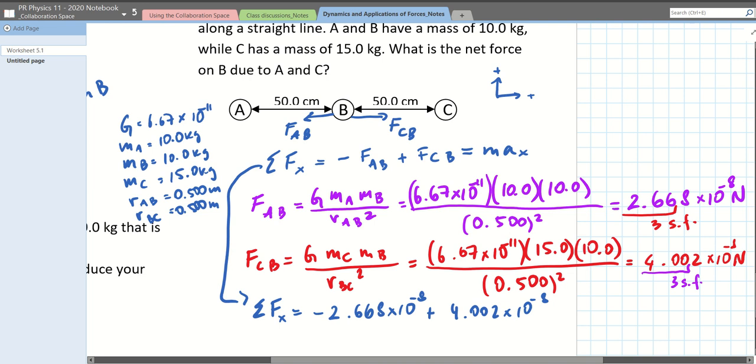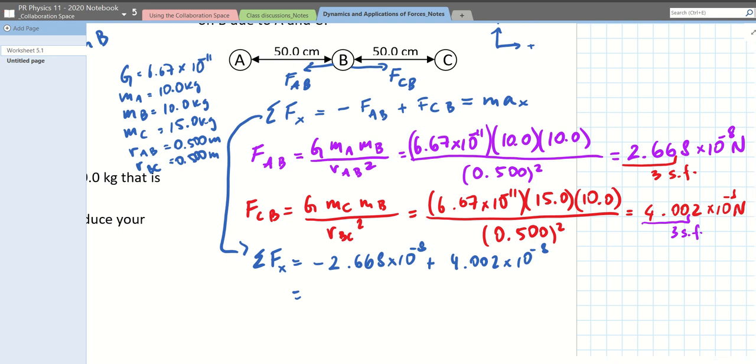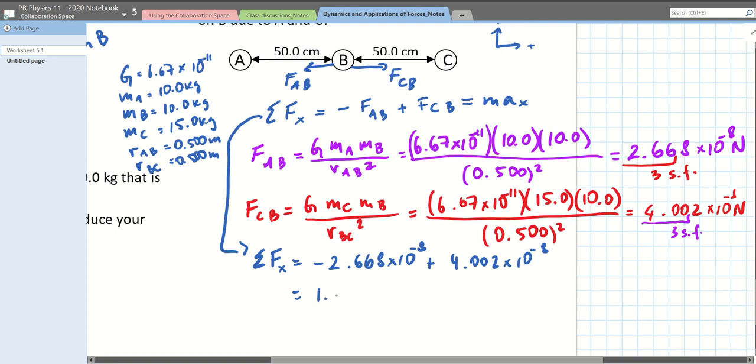Again, least number of decimals when you add, but then we still need to round this. So let's see what we get for the net force. Minus 2.668 exponent. All right, so we get 1.334.